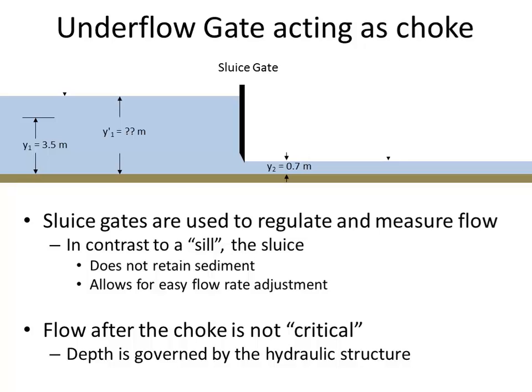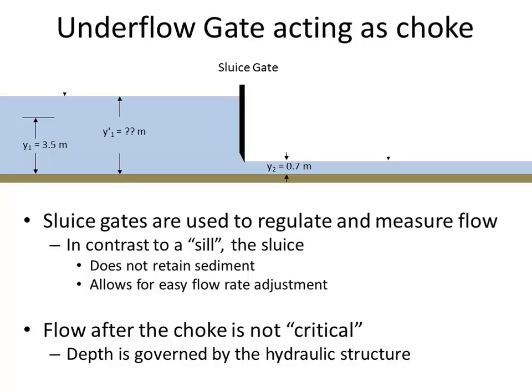I mean, if you look at the energy that's required, there's only 0.7 meters of depth and almost 9 meters of velocity head. And so there's really a lot of velocity head after the water has gone under that gate.